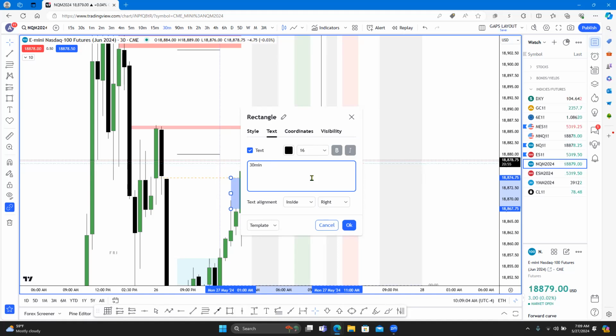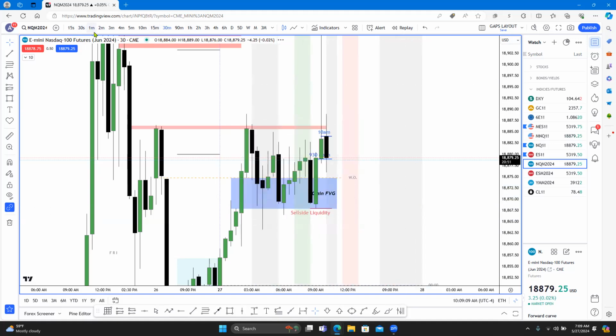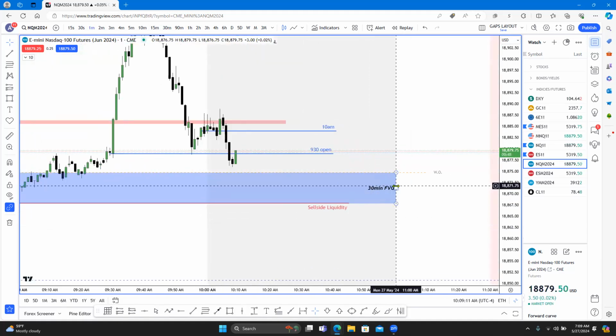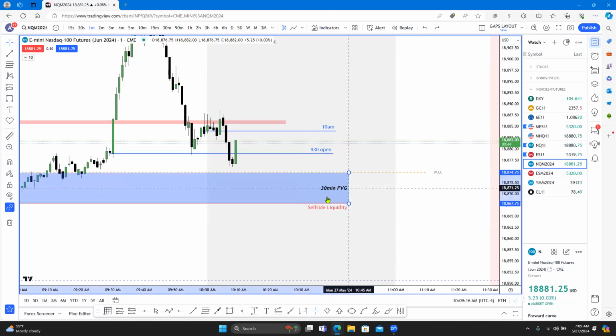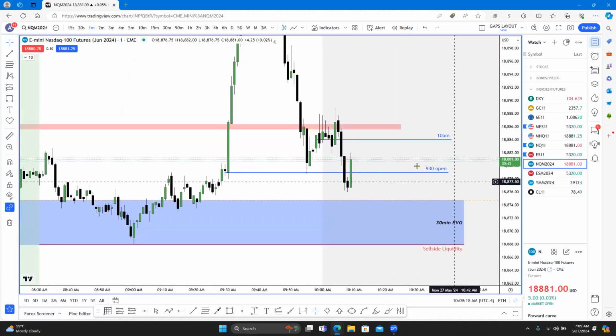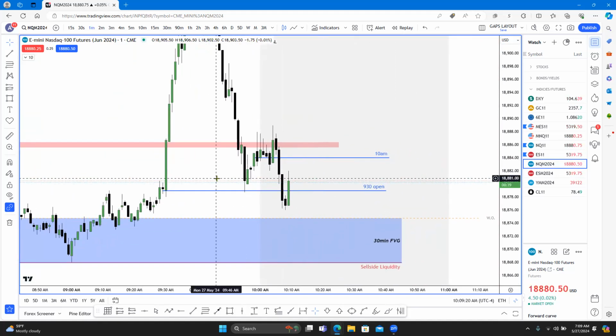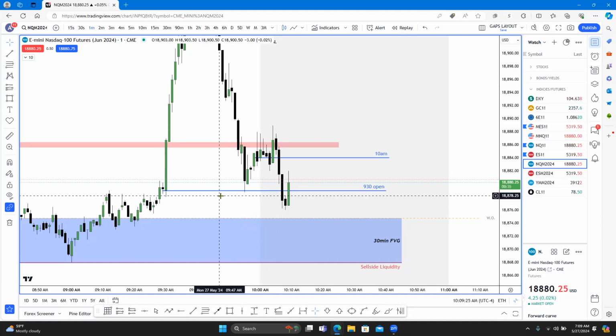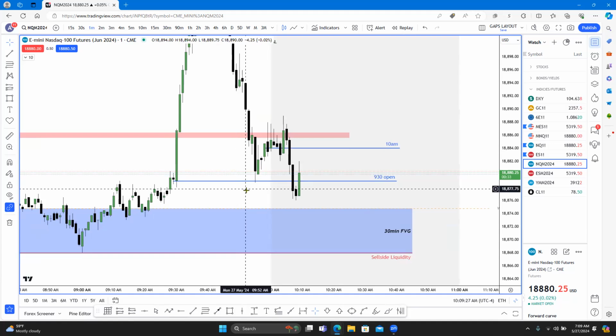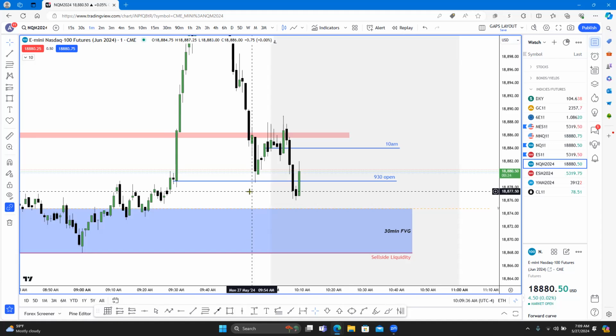So we have a measure of like point of interest, right? So we now are potentially, right? We want to anticipate our formation of a mitigation block or a breaker, right?